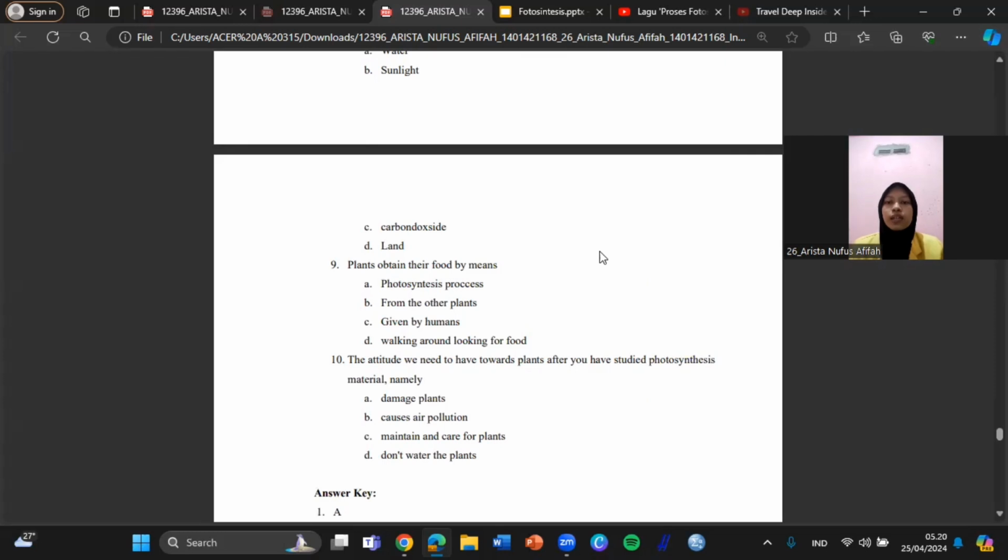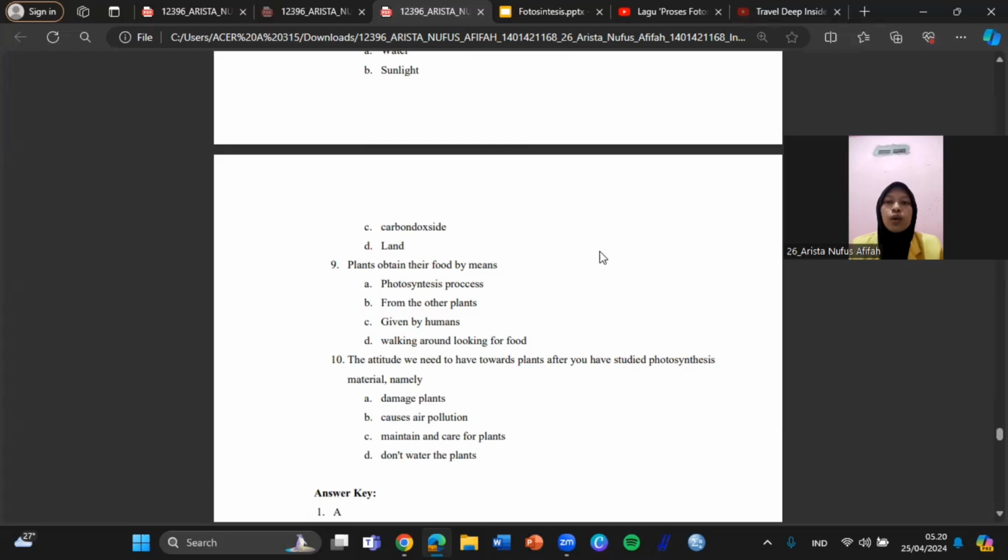Guys, from the learning we have done, what is the conclusion of today's learning? Yes, that's right. The components needed by plants to carry out photosynthesis are water, carbon dioxide, chlorophyll, and sunlight. The photosynthesis process begins with sunlight, which is absorbed by chlorophyll.